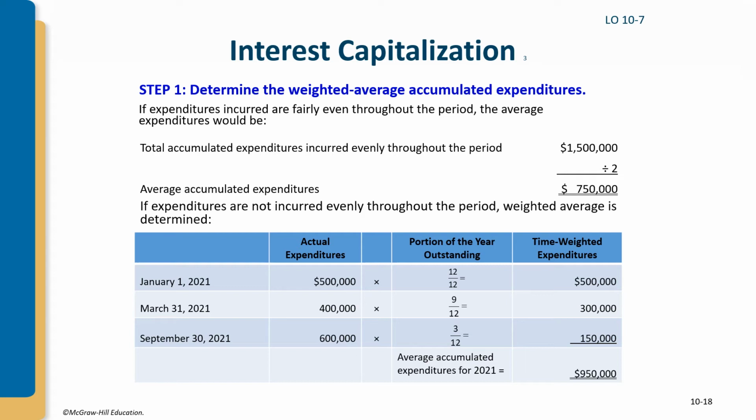Remember, one more time, I'm pretending we would have had to borrow that money. They are the actual expenditures that were made, though. So of that $1,500,000 in expenditures actually made, we would need to calculate interest on $950,000 of it, the average accumulated expenditures. That's your first step.